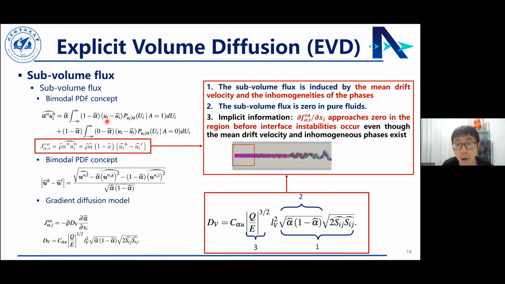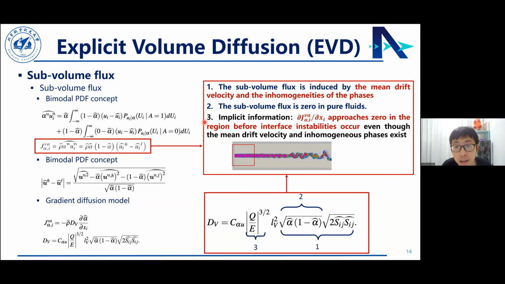We will have three indications here. The first thing is this equation tells us the sub-volume flux is induced by the mean drift velocity and the inhomogeneity of the phases. And the second point is the sub-volume flux is 0 in pure fluids. In pure fluids, no matter whether alpha equals 1 or 0, this is 0.